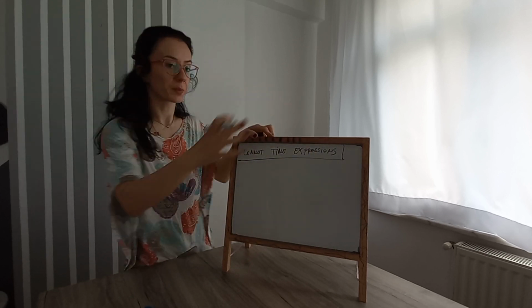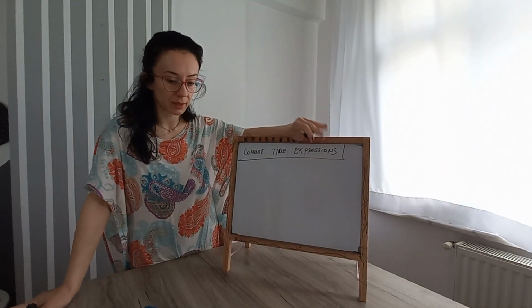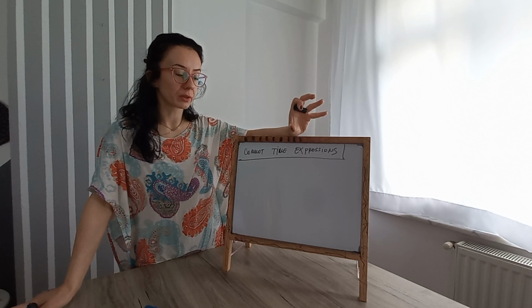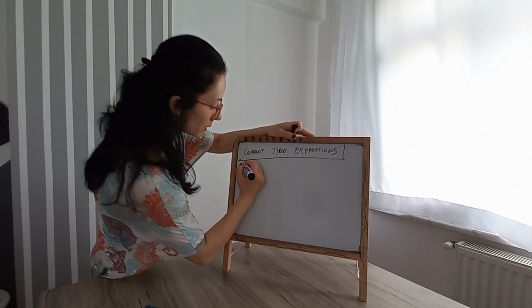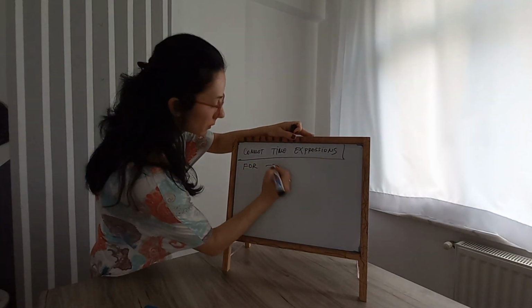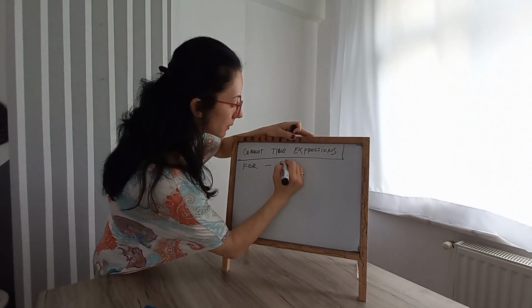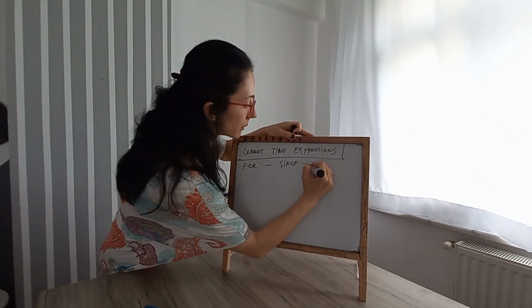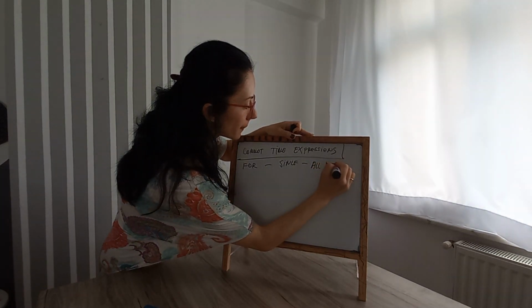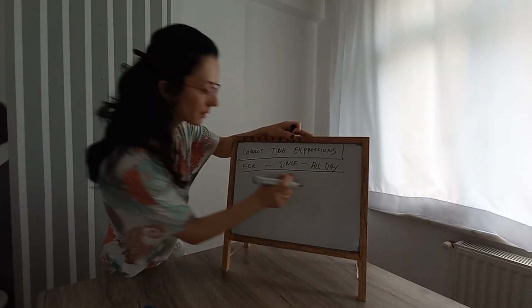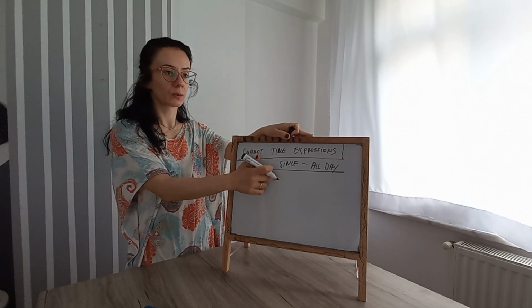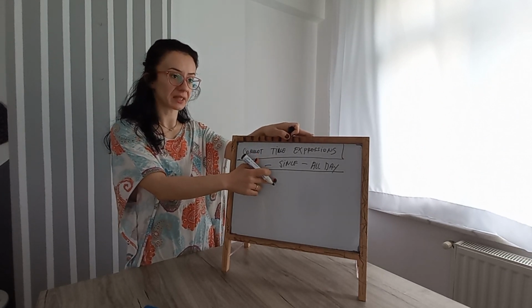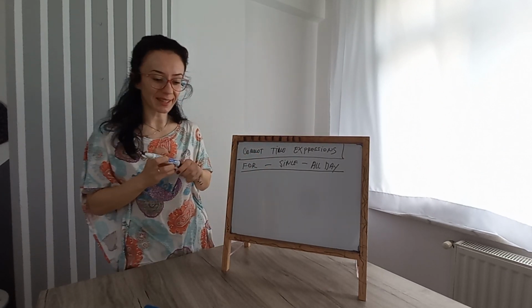So when we have present perfect progressive tense, we often use for, since, and all day. So when we see these time expressions, we know this should be present perfect continuous.